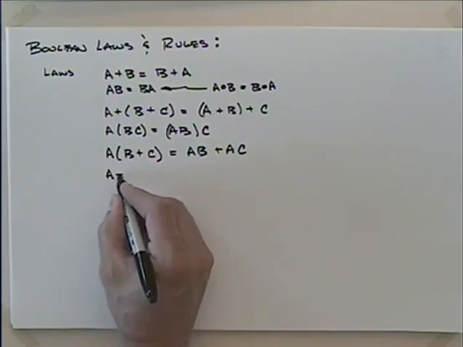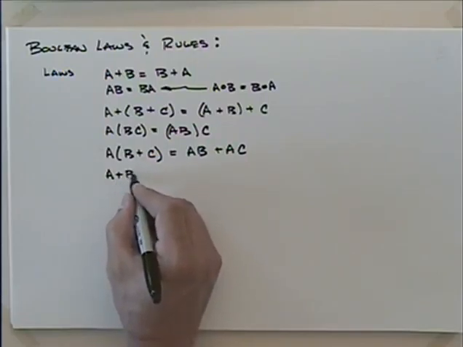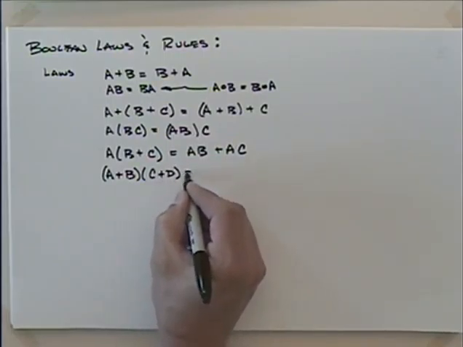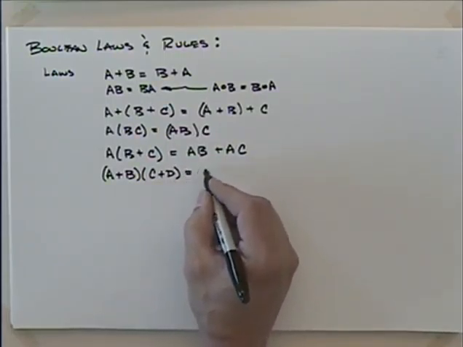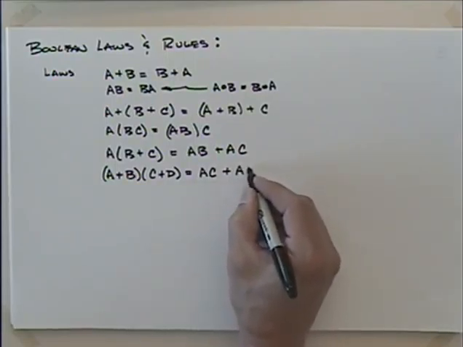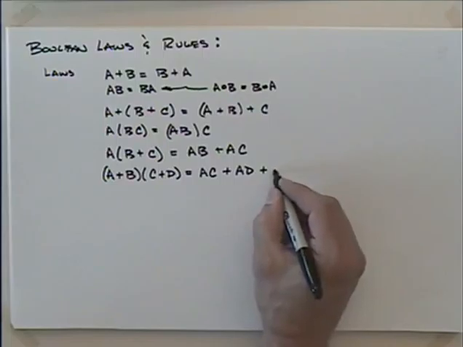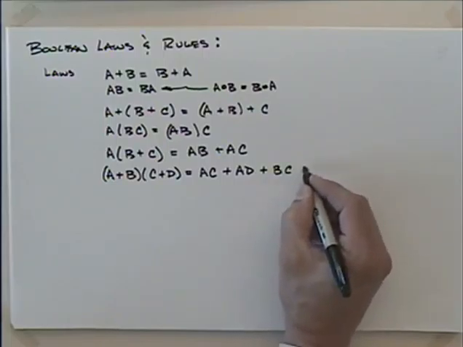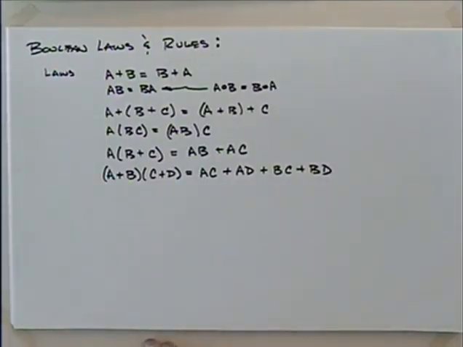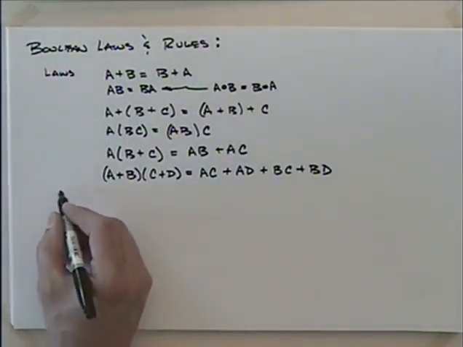A or B ANDed with C or D is going to be A and C, or A and D, or B and C, or B and D. So those are the laws.